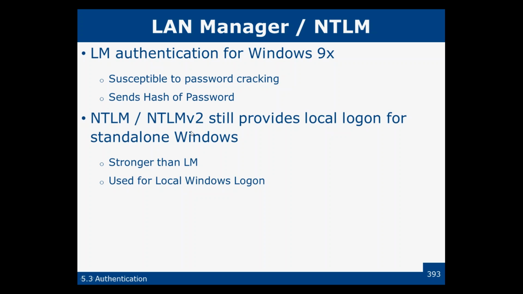It does send a hash of the password, and the challenge and response means that when we start up and try to log on someplace, it will be us and them. If we say we want to authenticate here, we want to establish a session, this thing sends a random string, and we get this random string and hash the password with the random string.